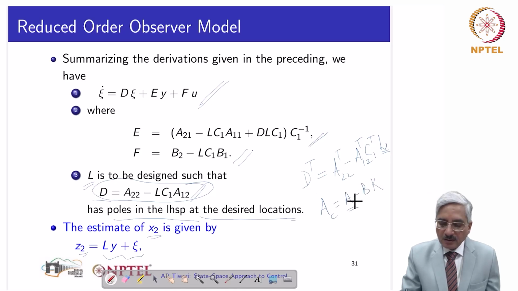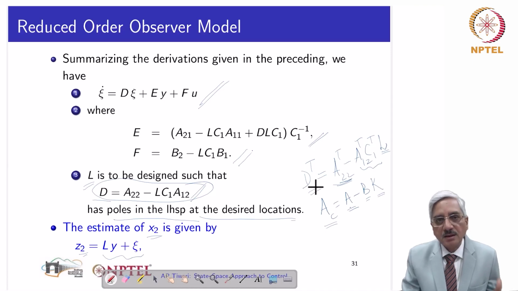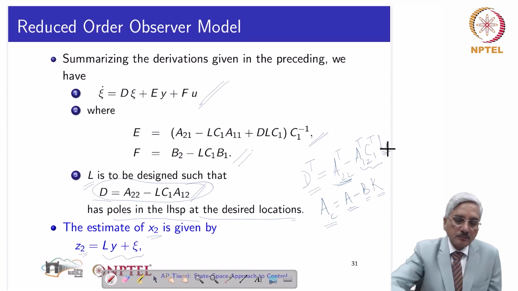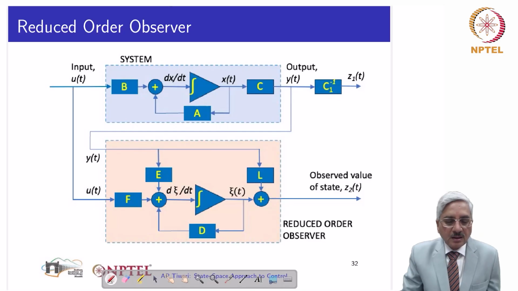So if we consider A22 transpose in place of A, and A12 C1 transpose in place of B, then we chose a closed loop matrix A_C and we got K. Here we have to choose a closed loop matrix D and we will get L. So we will get the observer.